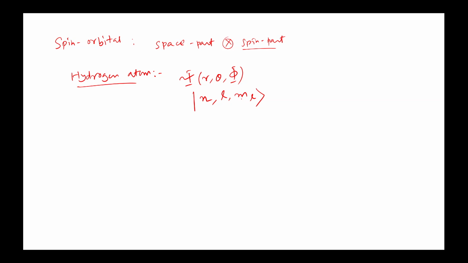So this can be one of the space parts that can be taken. And what about the spin part, right? You can write this space part in ket notation, or you can also write it in r, theta, phi notation. Now the question is, how do you write the spin part?